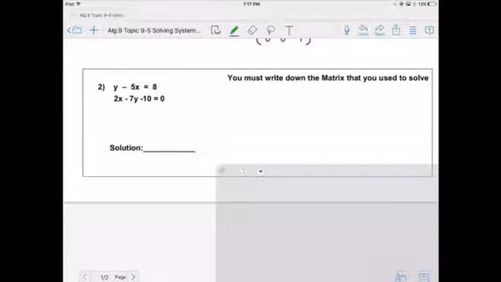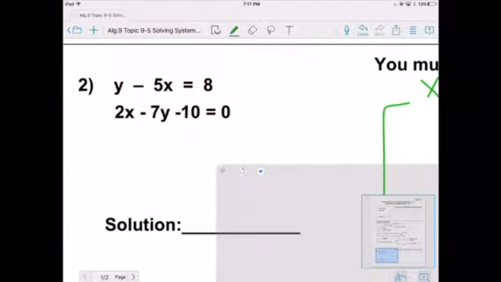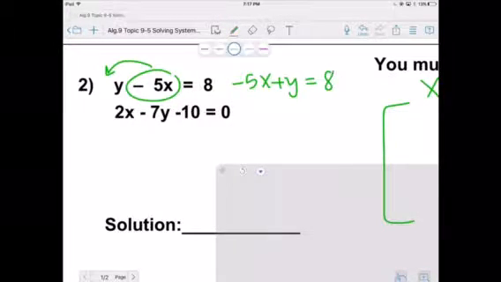Now problem 2, in order to plug into a matrix, we need x's, y's, and answers. Right now, I don't have that. So on the top, I'm going to just switch my x and my y so that my x's and y's are listed in order.